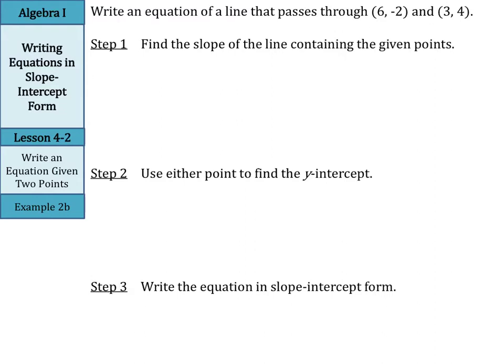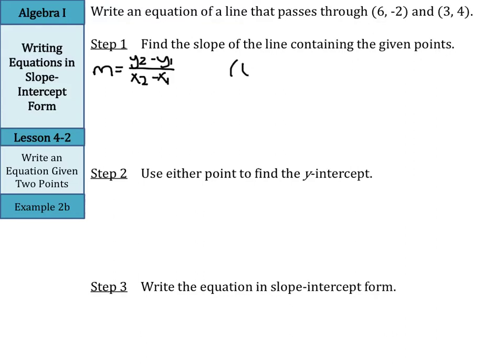Let's try this one more time to find the slope of the line containing the given points. And if you want to try this on your own, pause the video and then go back and check to see if you did this correctly, please feel free. Now, we need to find the slope of the line. And our slope formula is m equals y2 minus y1 over x2 minus x1.